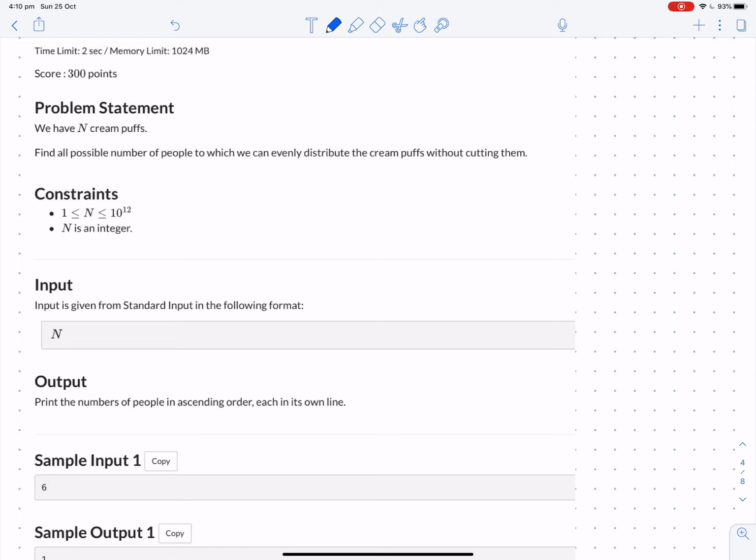So here's a really simple approach. N equals int input, so that's the only input there is. So we get that. And then let's say for A in range, and we'll go from 1 to n inclusive, so I have to do n plus 1.